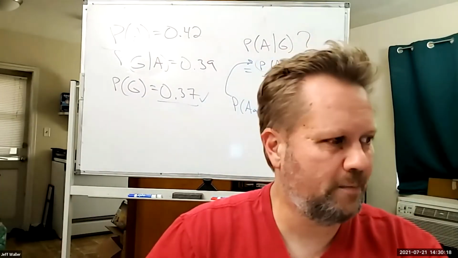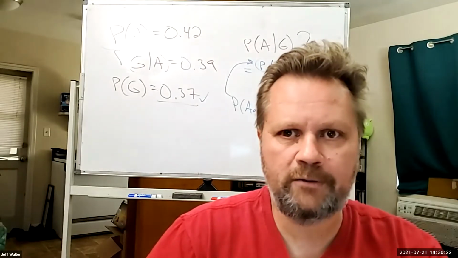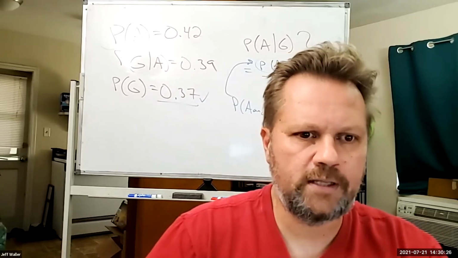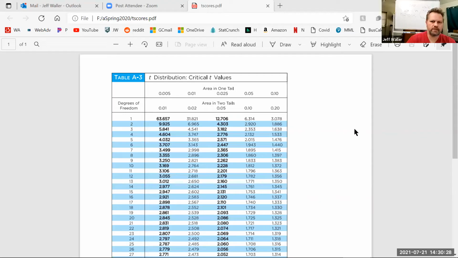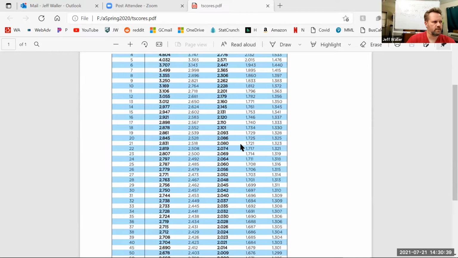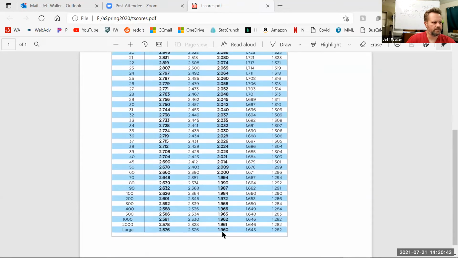Here, let me pull this up. Oh, that's the wrong one, Jeff. Oh, you already got the right one up. Yay! All right, hold on. So look at how beautiful the T-table is, everybody. Just bask in its glory. So two-tail, 0.05, all the way down, 1.96. That's it.